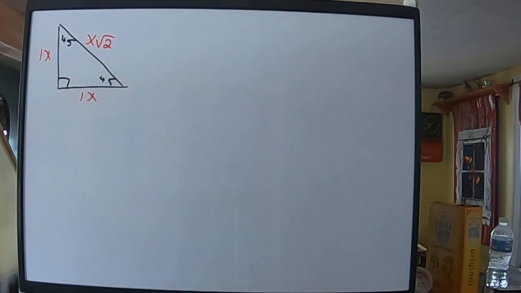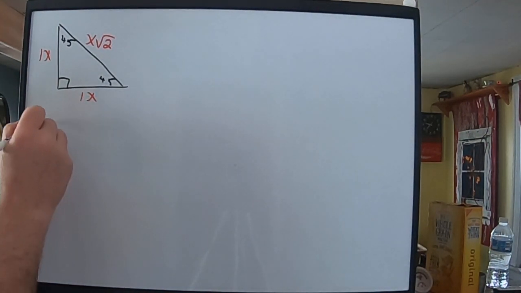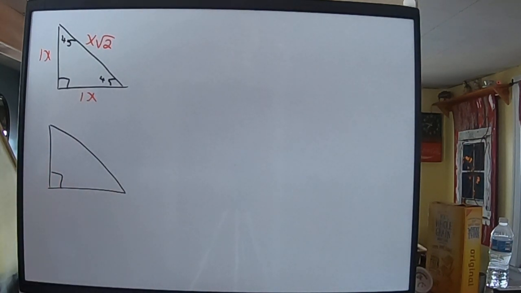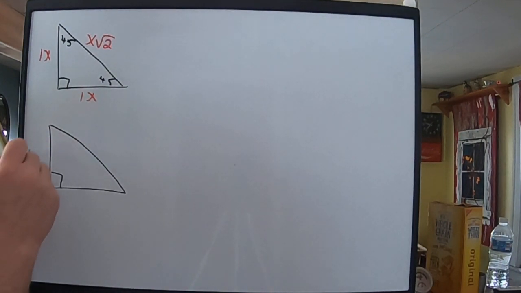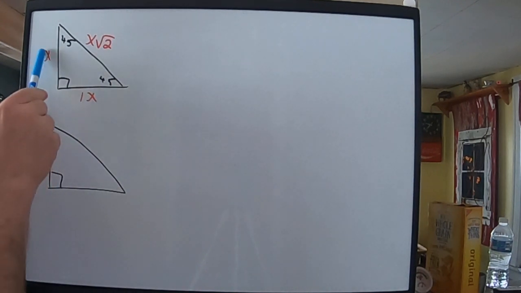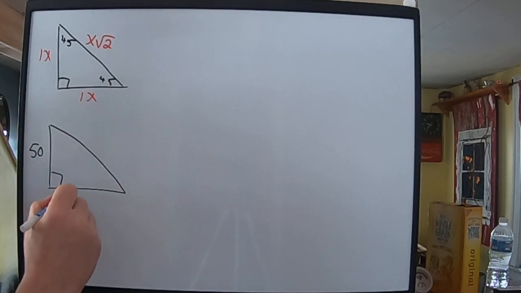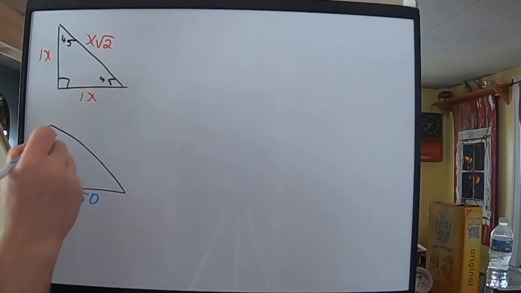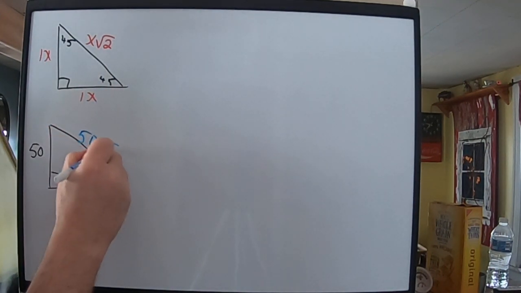So, if those are our proportions, for an example, if our first one has a side of 50, and that side of 50 is here, then this side must also be 50. And then this side, x square root of 2 this time, is 50 square root of 2.